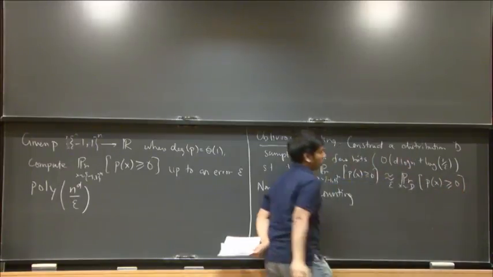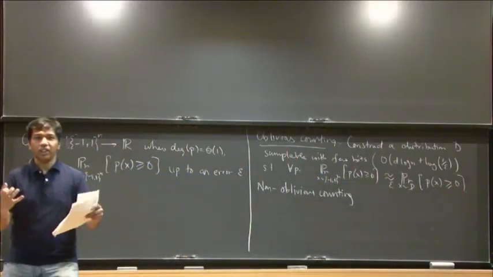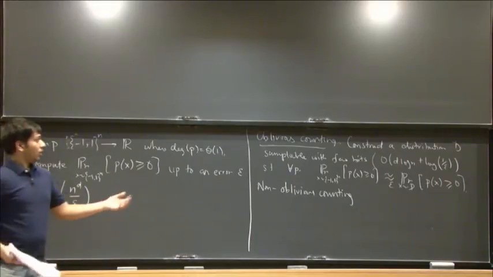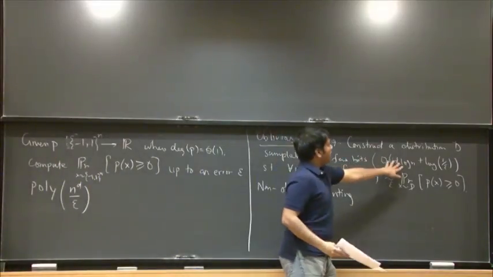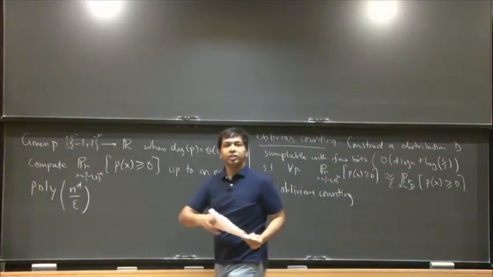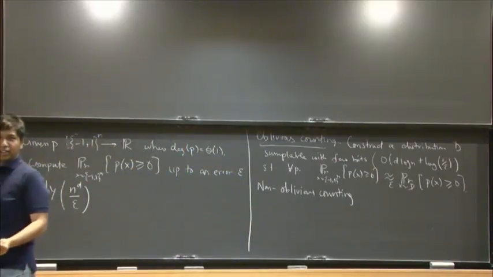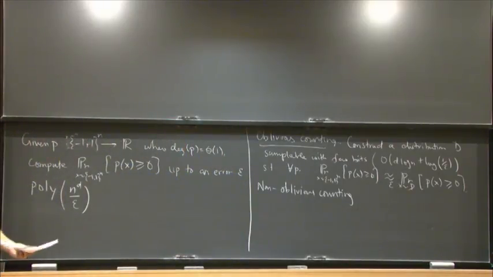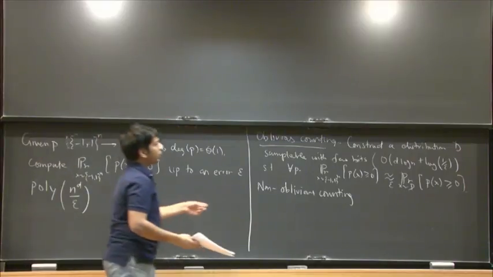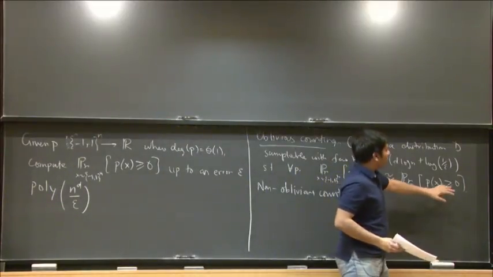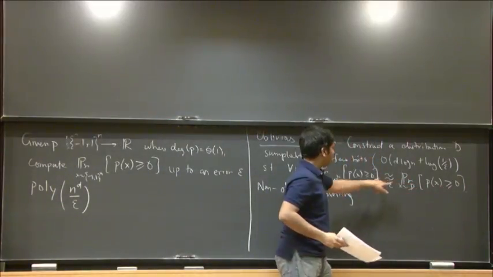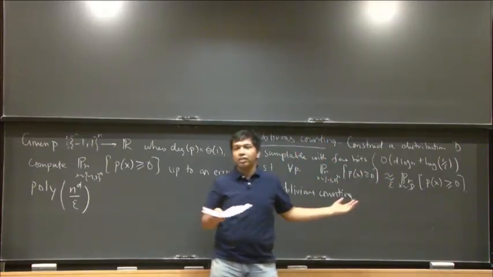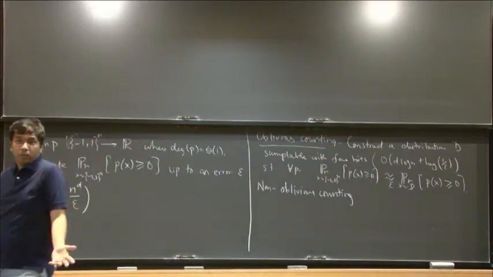Now, the reason we call this oblivious counting is that you are producing a single algorithm that, because D is sampleable with a few bits, you can just go over all possibilities of D in time which is 2 to the number of bits. So, that is like n to the d times epsilon something, or poly n to the d over epsilon. And you can just check what fraction of times the polynomial was greater than or equal to 0. And because of this guarantee, you know that's a very good estimate for the uniform distribution as well.